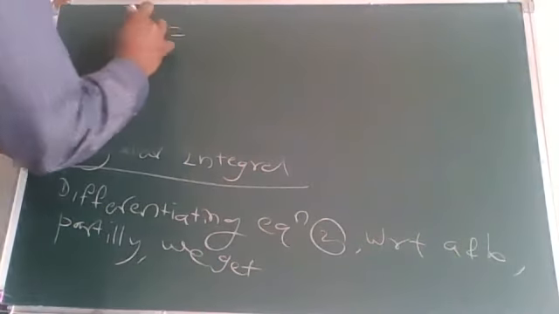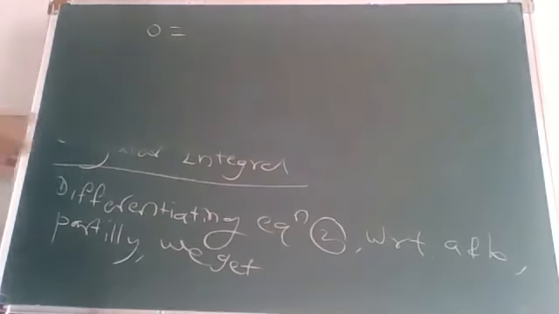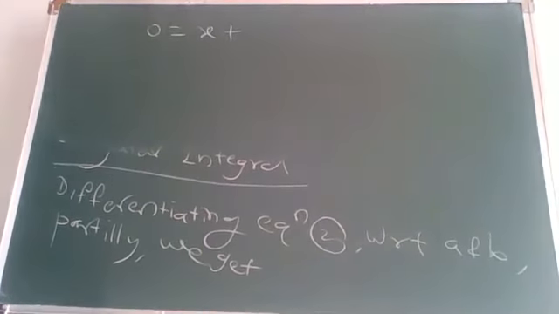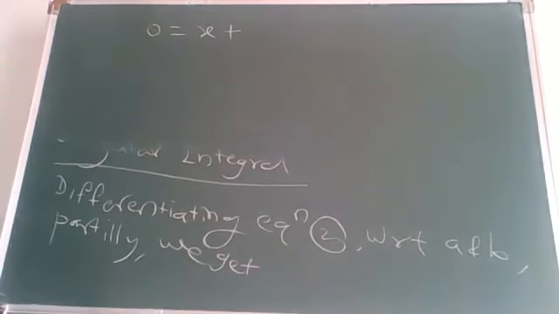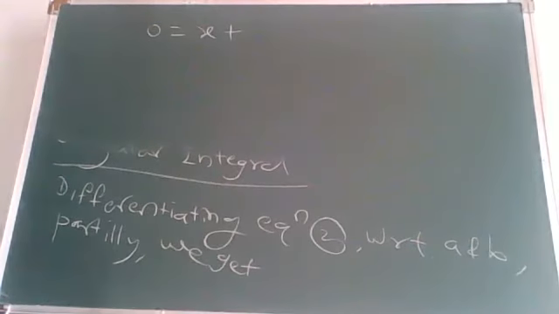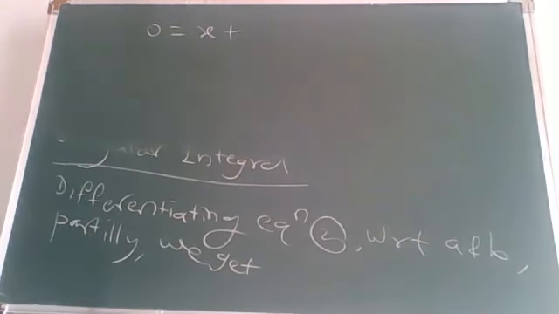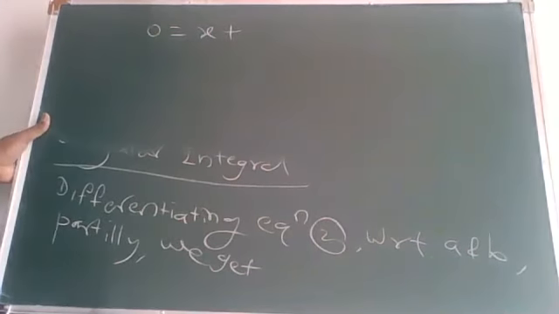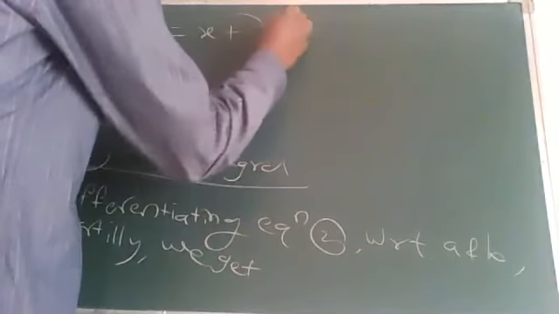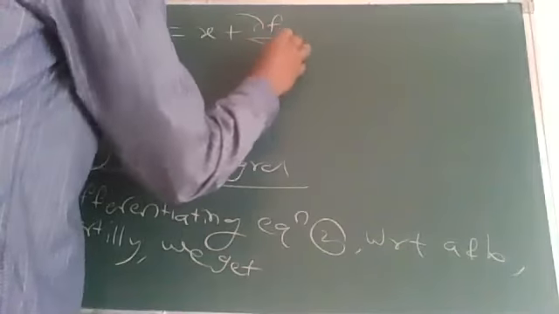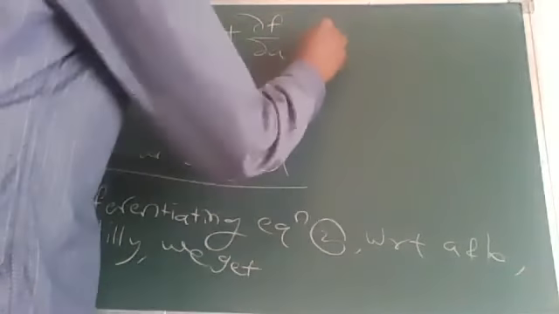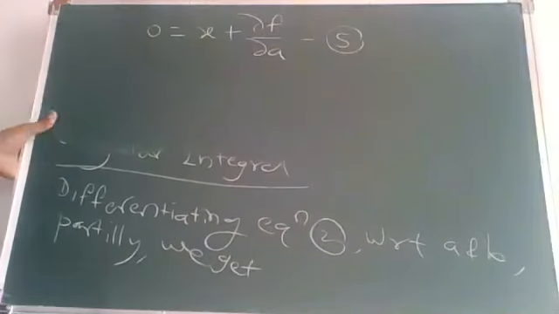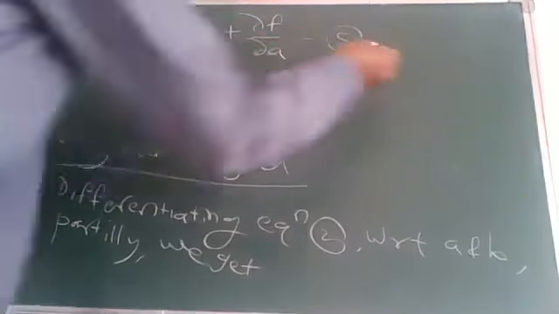We get LHS as 0. The derivative of ax is x, the derivative of by with respect to a is 0, and f of ab, taking the derivative with respect to a partially. F is a function of both a and b, so I take the value dou f by dou a, and denote this equation 5.